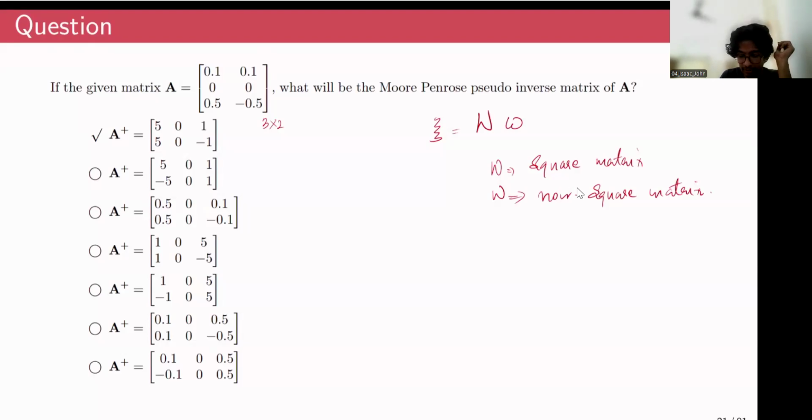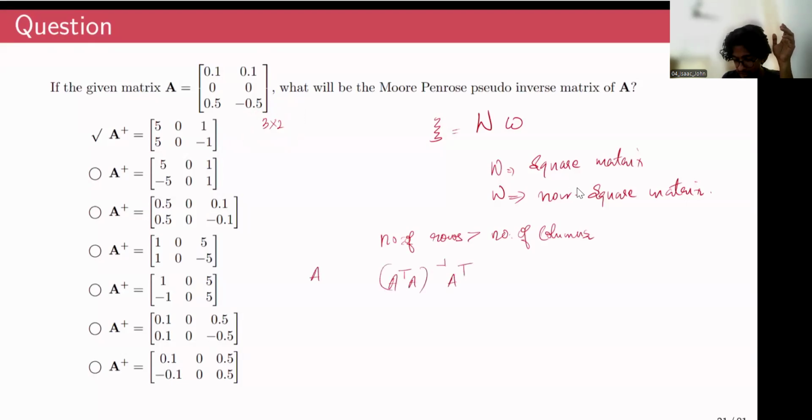In this given example, the number of rows is greater than the number of columns. If that is the case, you take something called a left pseudo inverse, which is given by this expression: A transpose A, the whole inverse, times A transpose.